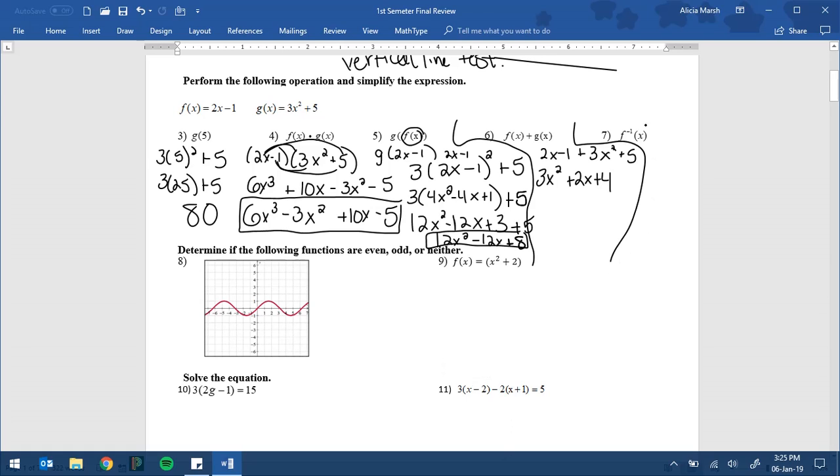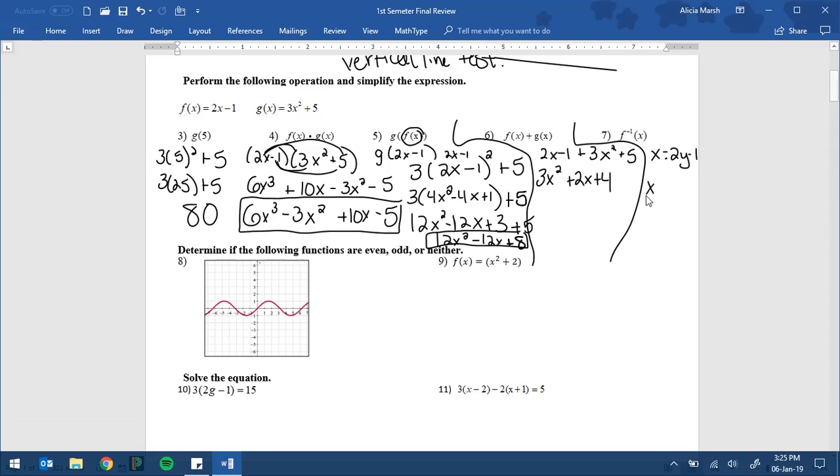And the final one, this guy. This is an inverse. Now remember, how to find an inverse is you take the x and y and swap them around, then I'm going to solve for y. So x equals 2y minus 1. Okay. Now I'm going to solve for y.